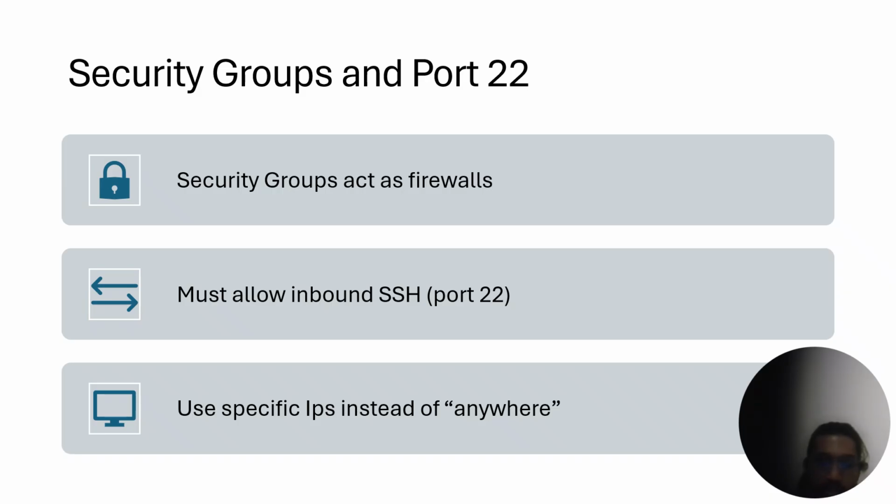To connect via SSH, your security group must allow inbound access on port number 22. A best practice is to restrict access only to your IP address, not the entire internet. This reduces the chances of unauthorized access attempts. So if you cannot connect via SSH, one of the first things to check is whether port 22 is open and correctly configured.